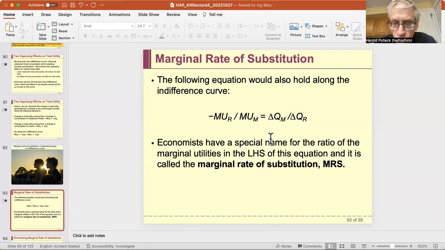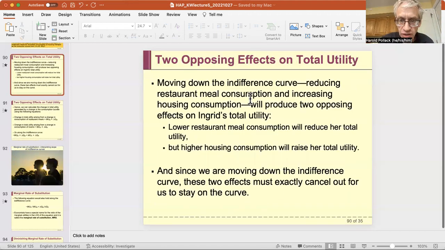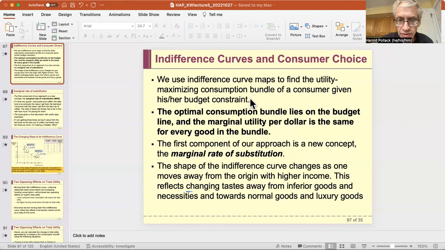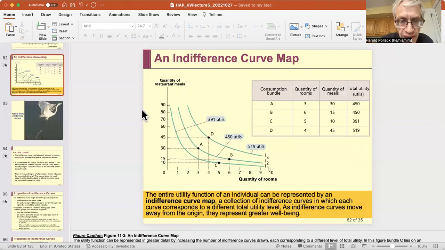So if a room is worth a ton, and I'm at a point where the marginal utility of the rooms is really high and the marginal utility of the meals is very low, let me go up to the curve and show you. If I'm way up here, this slope is a really big negative number.